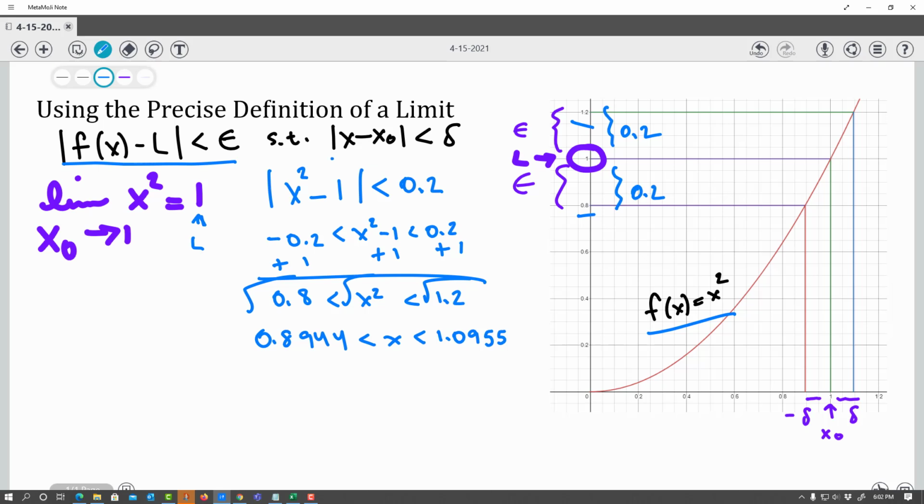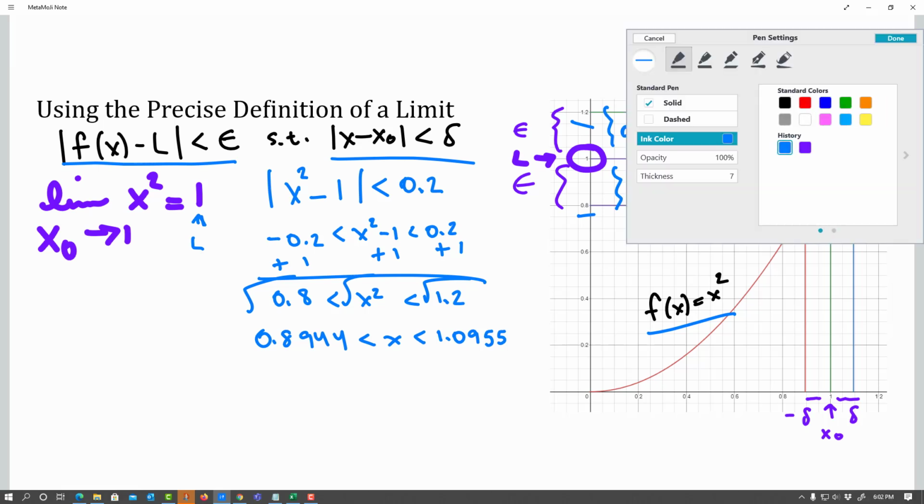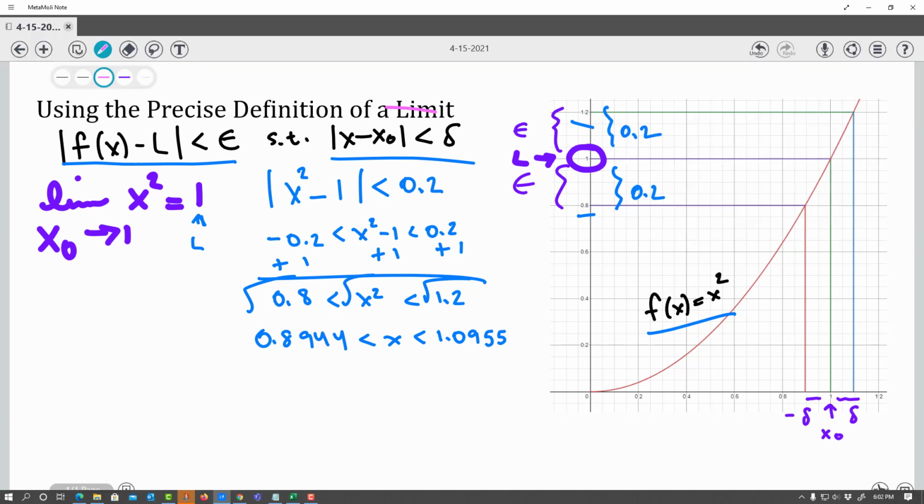Now we're to the such that, where what we're trying to do is center our area, this delta here. So we want to find the smaller of our error. And to do that, let's get a different color so you can tell I'm doing this piece now. I have x minus my x naught, which is still 1, less than delta.